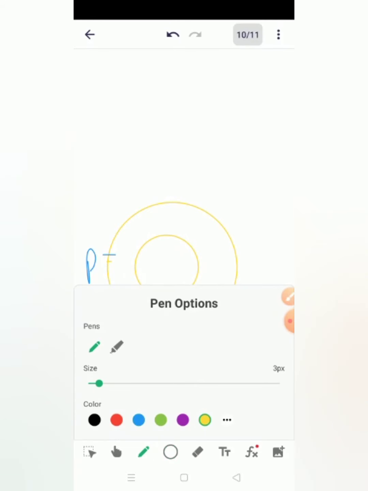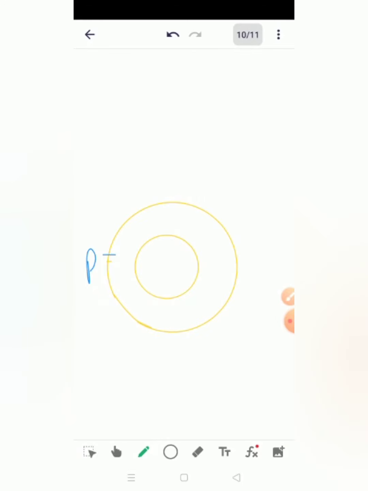From the center O, you draw a point P. This is O, this is P. You take any point on the bigger circle and join OP.